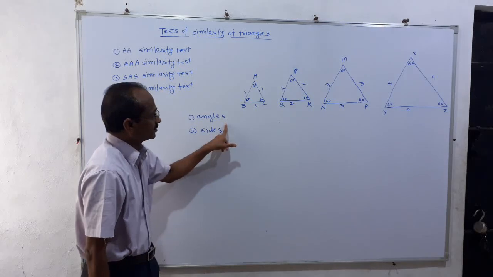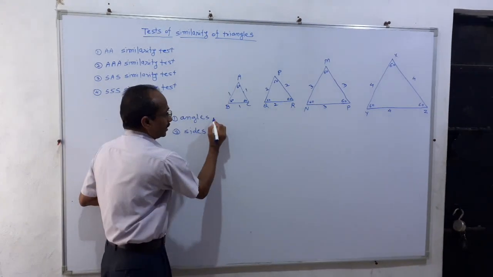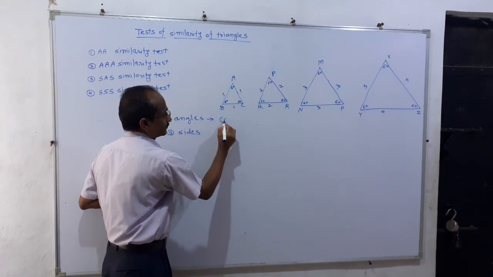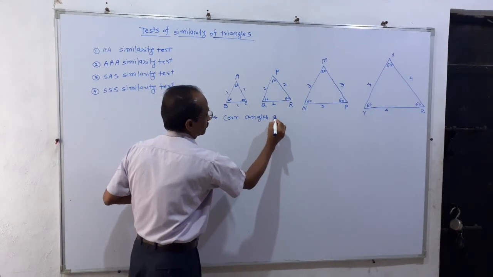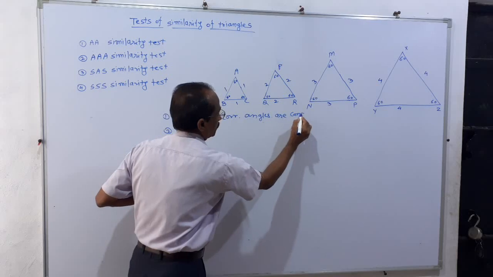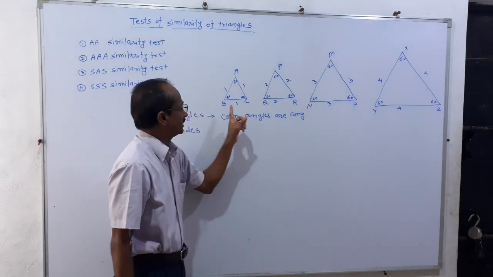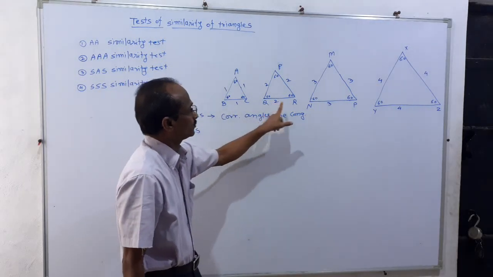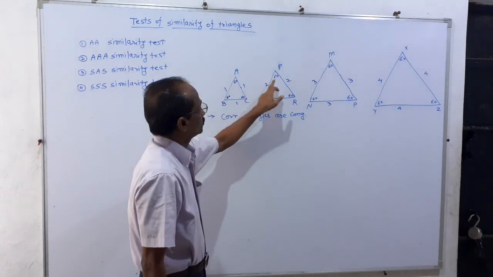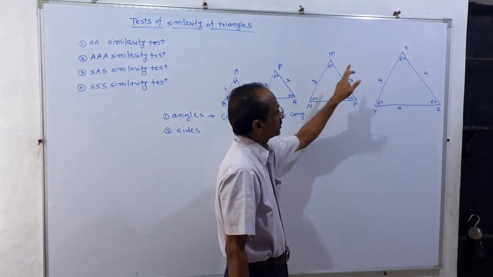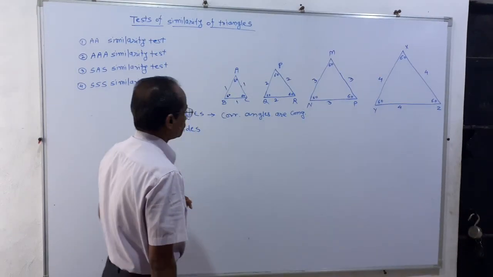In case of angles, corresponding angles are congruent. That is, A corresponds to P, P corresponds to M corresponds to X, and so on.